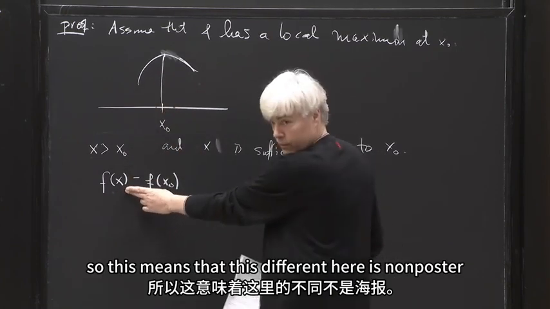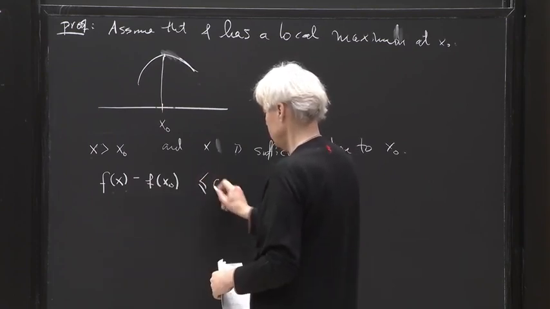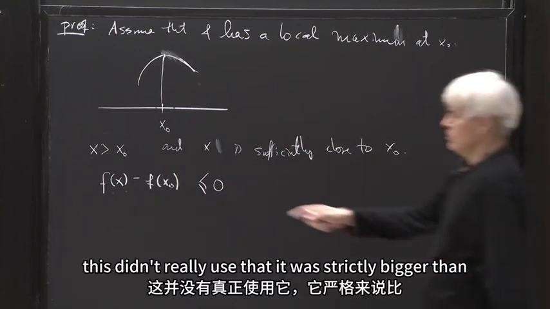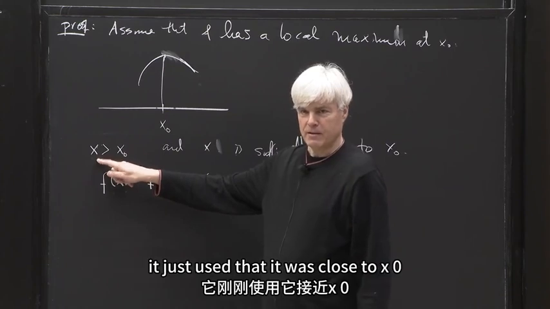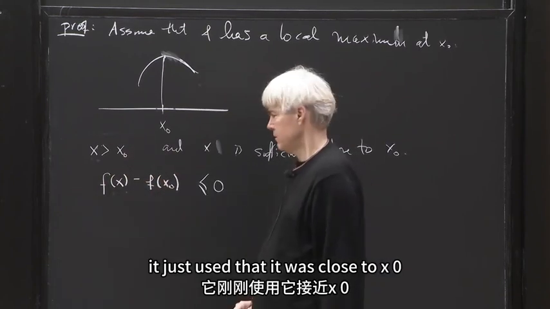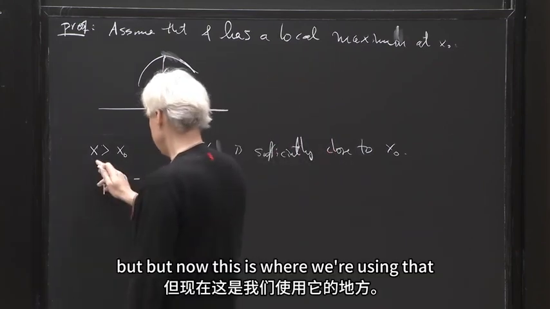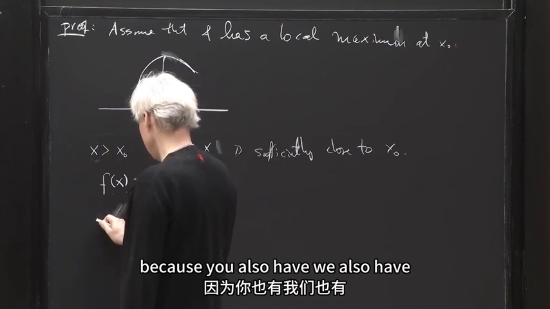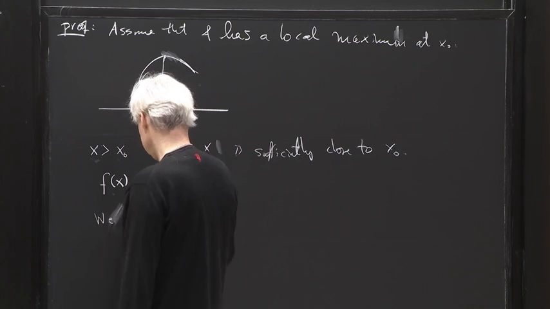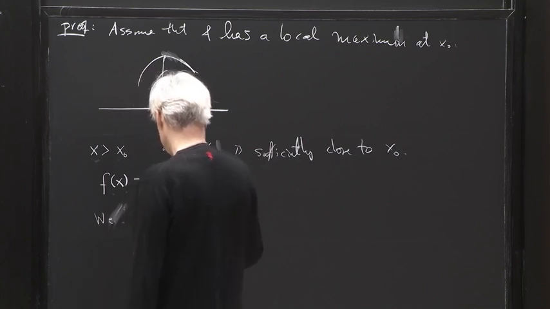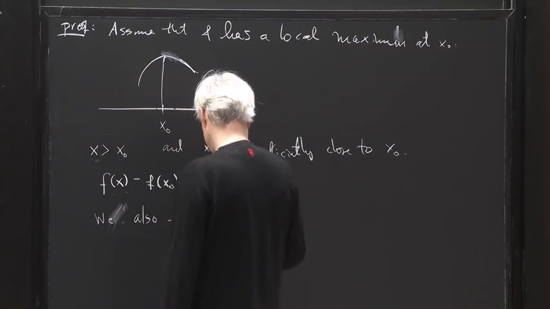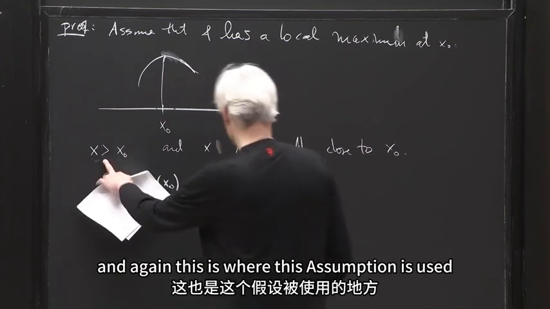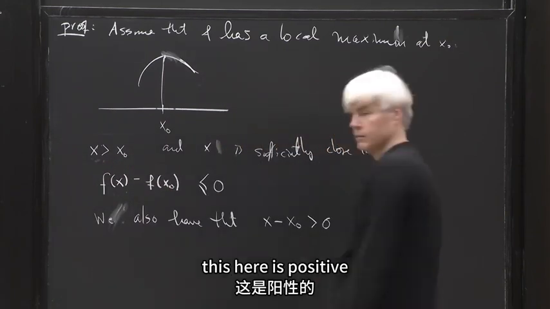So this means that this difference here is non-positive, right? This didn't really use that x was strictly bigger than x0, just that it was close to x0. But now this is where we're using that it's bigger, because we also have that x minus x0, and again this is where this assumption is used, is positive, right?